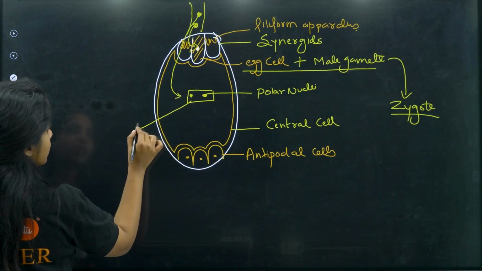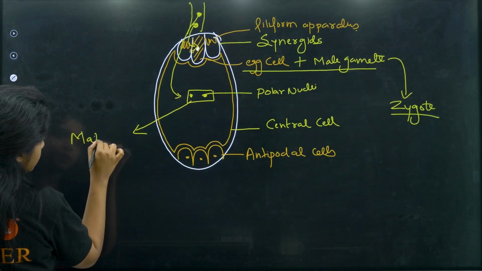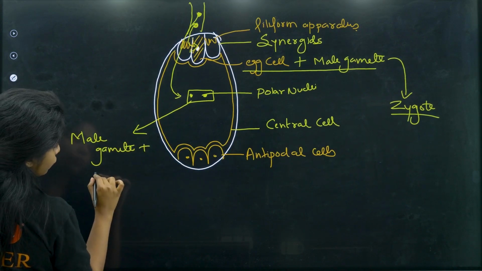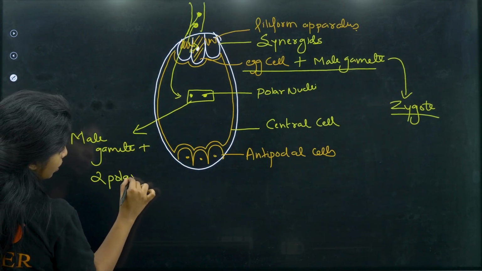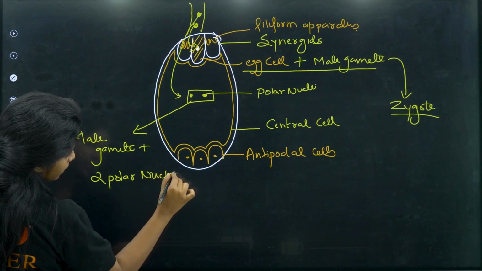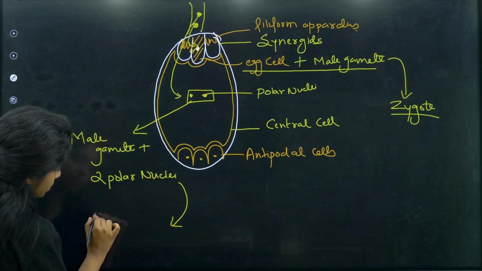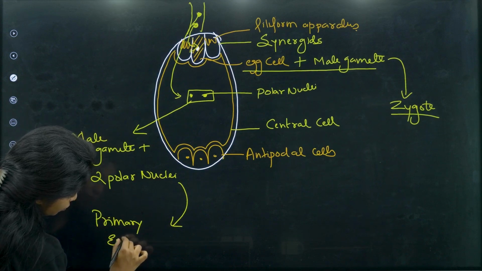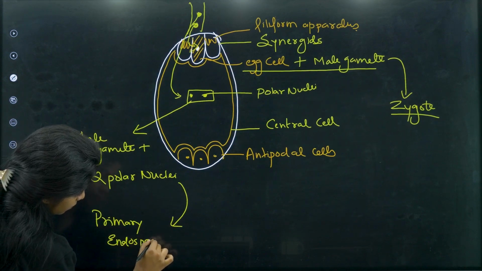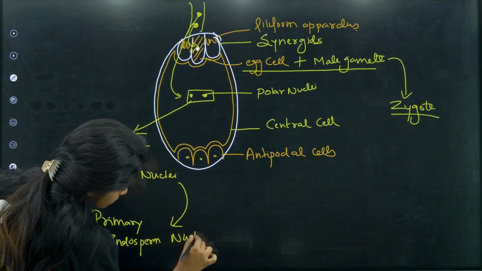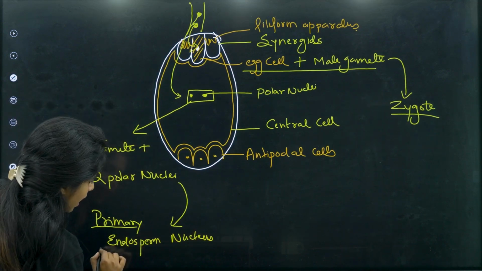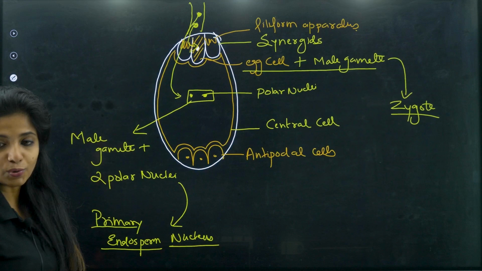So basically there is a male gamete plus two polar nuclei, and now it will produce what is known as the primary endosperm nucleus.